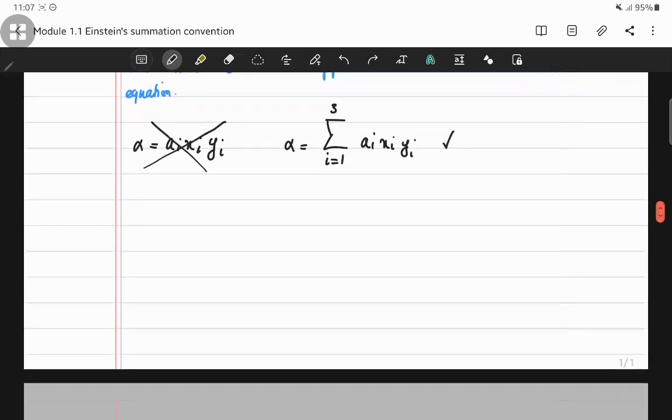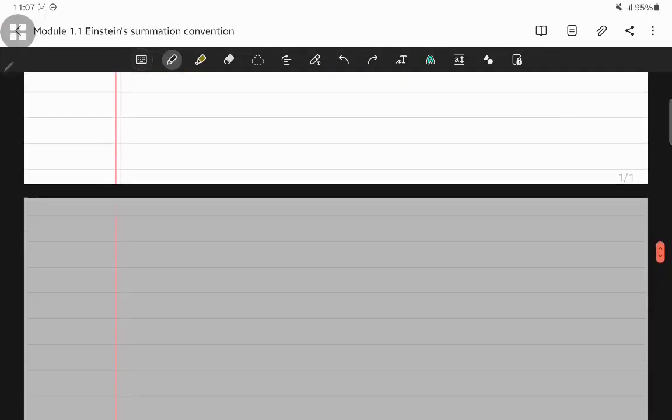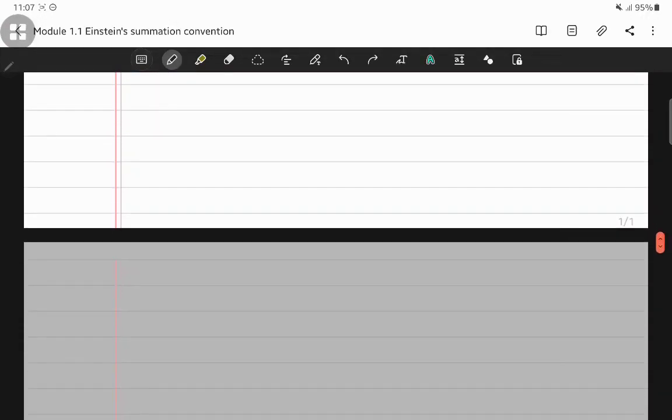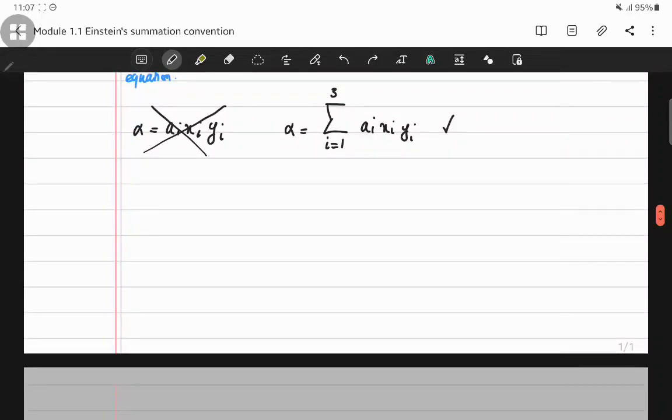All right, so let's get to some other expressions. For example, if I have a_ii, what does it mean? It means, in continuum mechanics, we are talking, of course, a_11 plus a_22 plus a_33.